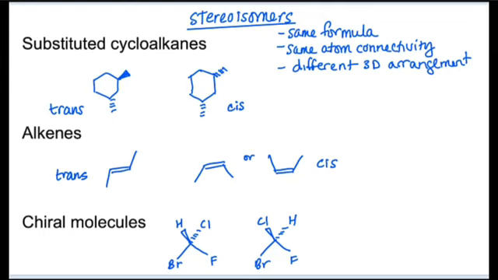This class of molecules is going to be very, very important to understand. Upcoming, we have a few topics. We're going to be talking about the difference between R and S. One of these chiral molecules would be called R and the other one would be called S, and we'll talk about how we figure that out.